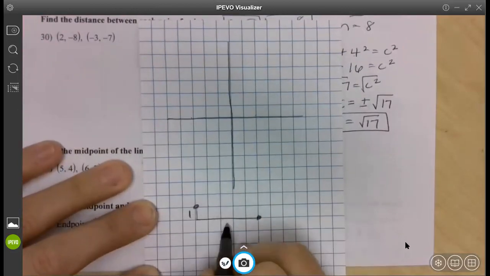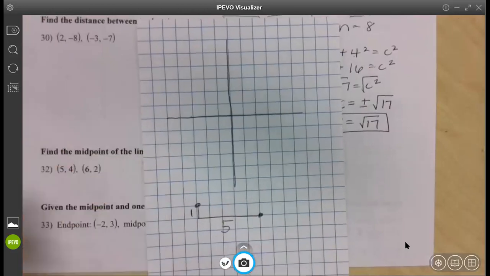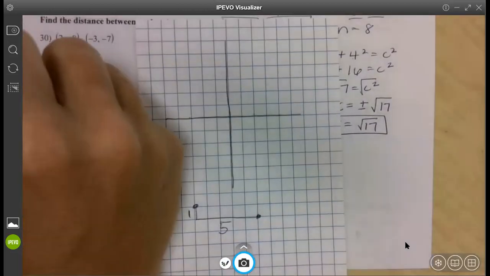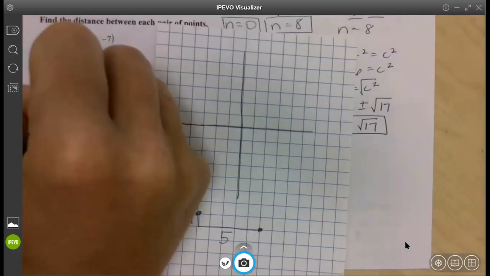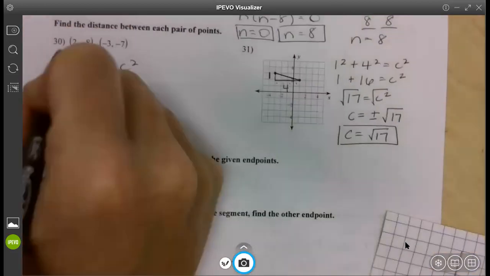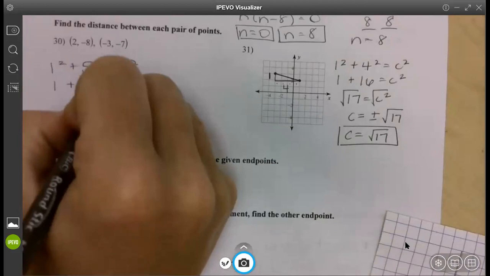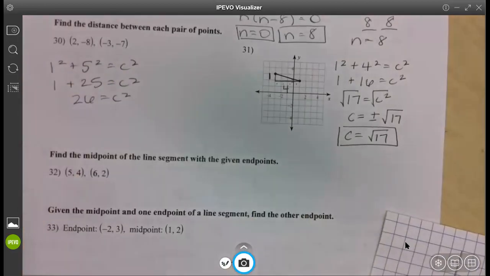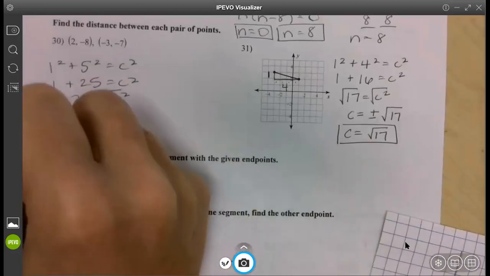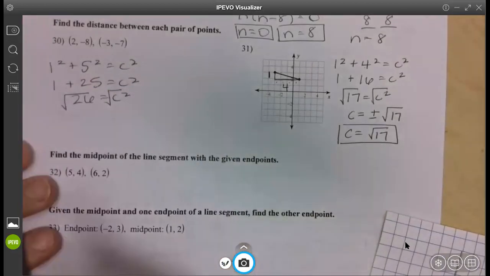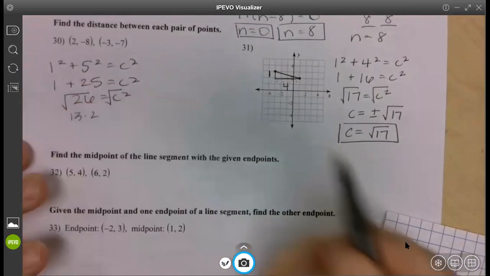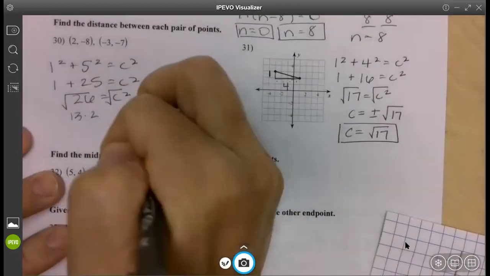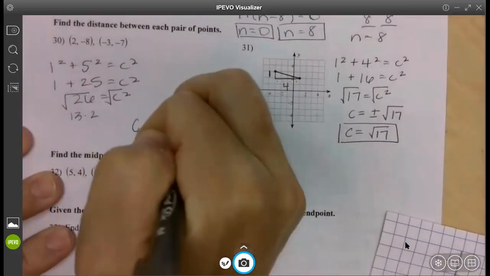Our rise is 1, our run is 5. And we put that in Pythagorean theorem. 1 squared plus 5 squared equals c squared. We get 1 plus 25 equals c squared. We get 26 equals c squared. Take the square root. 26 is 13 times 2. There's not any pairs, so it just stays the square root of 26.